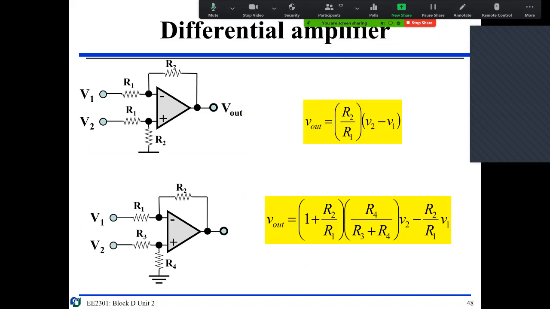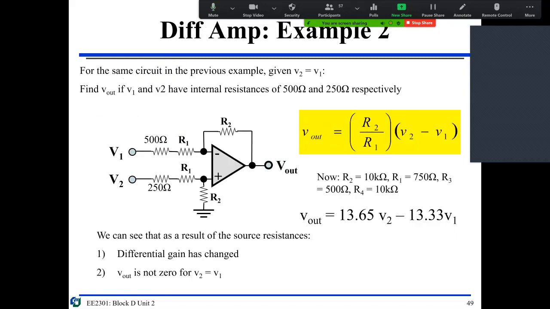So if everything is symmetric, then you have a perfect thing here. But if it is not, then you have a general formula like this. So you basically use voltage dividers multiple times plus superposition principle. Okay.